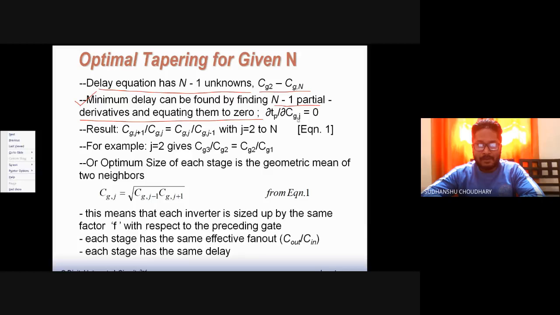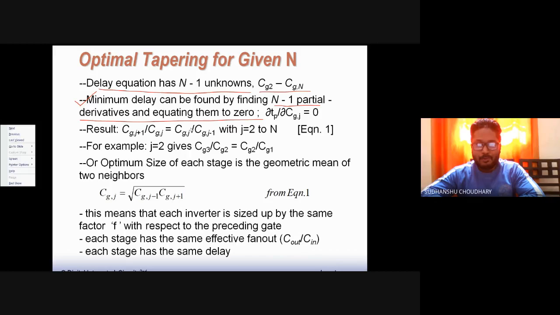So if you find the n minus 1 partial derivatives of this TP, that is the delay equation, and then equate them to 0, you will find a relationship between the gate capacitances.